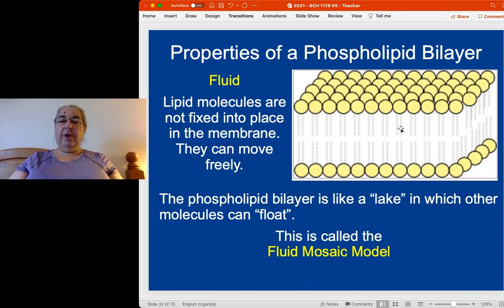It can move around quite easily in the plane of this bilayer. It's quite difficult for a lipid to move from this side of the bilayer to this side, but it's very easy for it to move around within the layer that it's part of. And this is how the bilayer can be a lake that other molecules can float in.